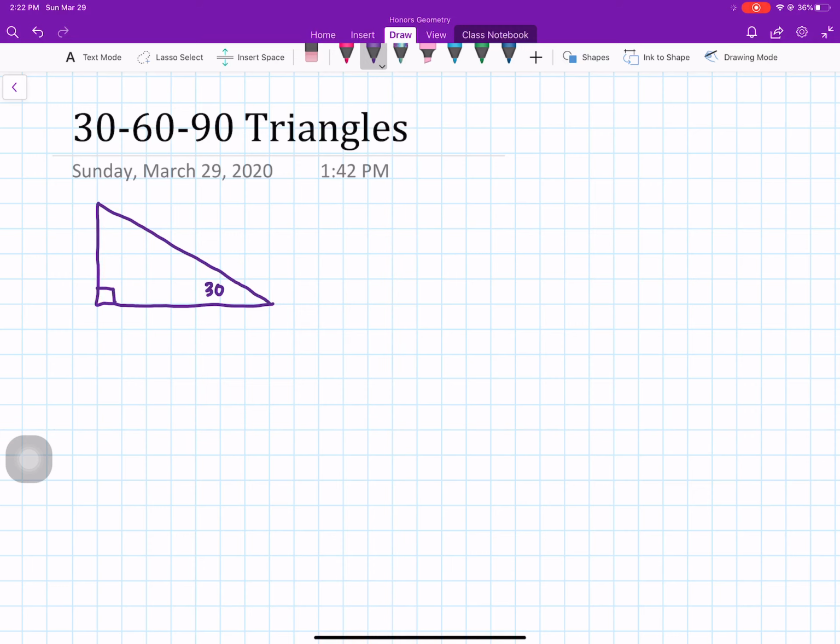First, remember that a 30, 60, 90 triangle is going to have angles that measure 30, 60, and 90. It is important to be aware of some vocabulary. First, this is the hypotenuse.